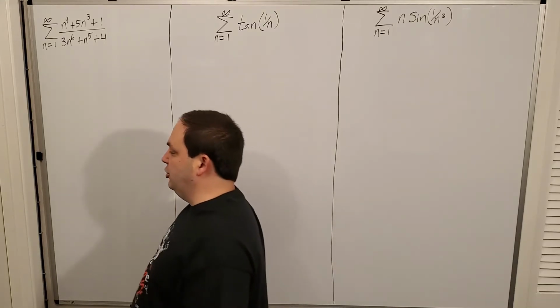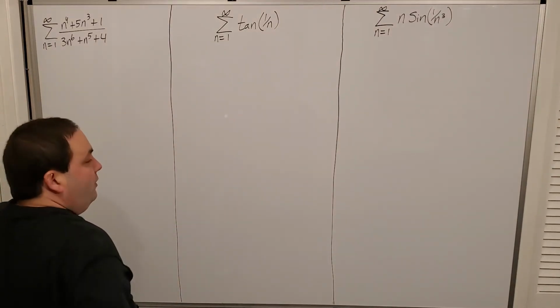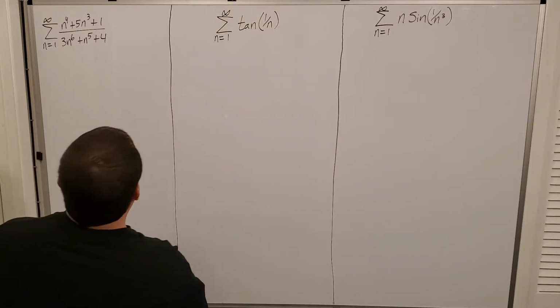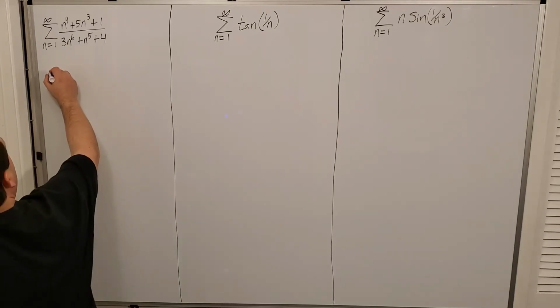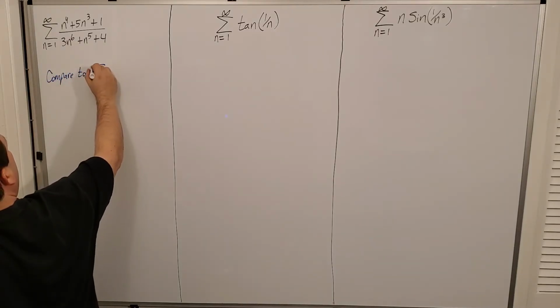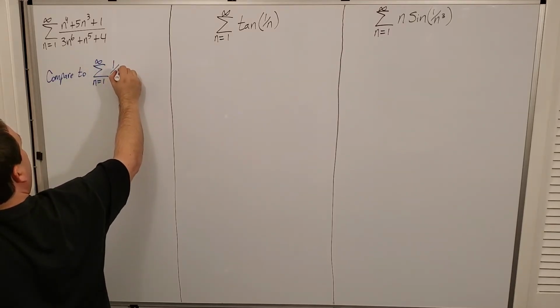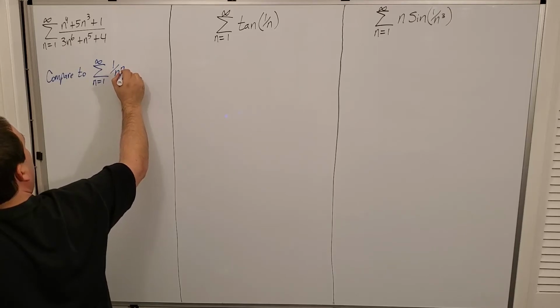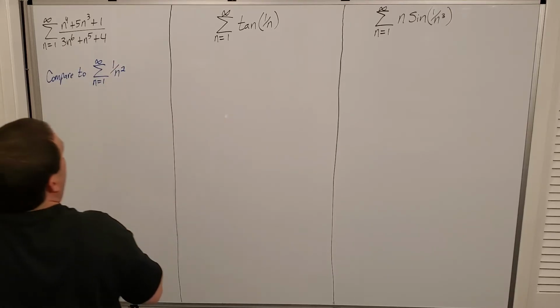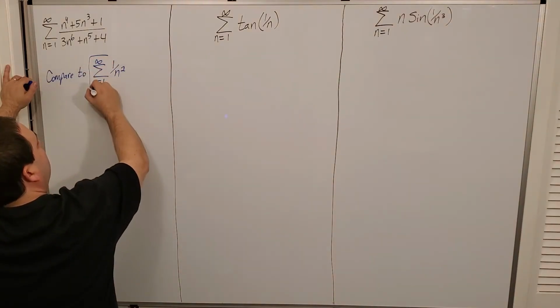So I'm going to compare this to the series 1 over n squared, which I know converges by p series.